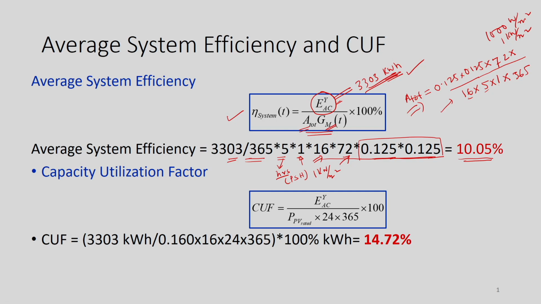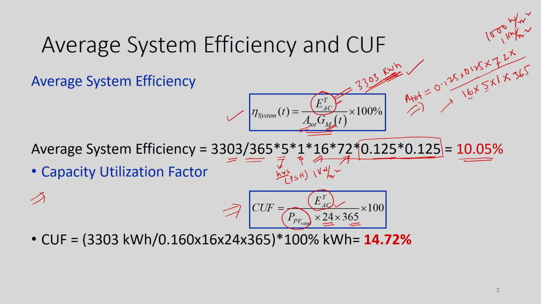Now, come to the capacity utilization factor. We know this expression, how to calculate this capacity utilization factor. The yearly energy yield in the AC side we already know, and the PV rated power is known to us, and then it is for 24 hours, then 365 days.